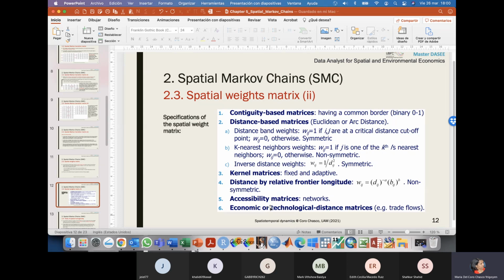They are even now in fashion, using a kind of economic or technological distance matrices like trade flows. So they are going to be a different kind of weight matrices, because they are not based on physical or geographical distance. They are based on economic distance.